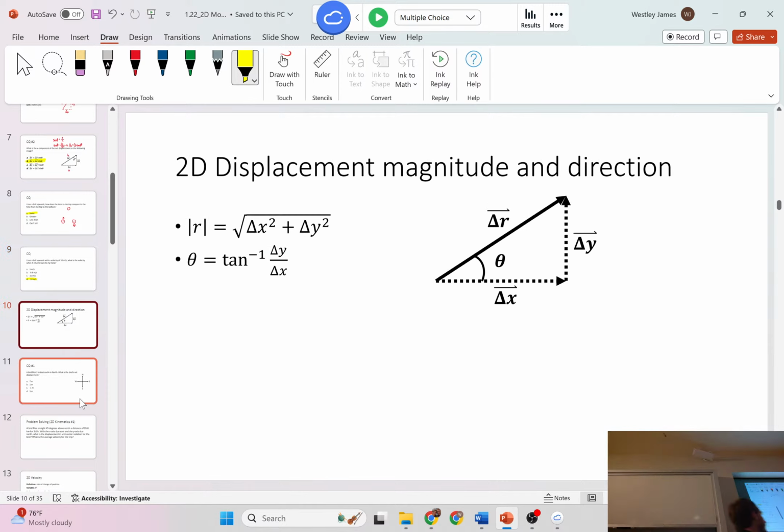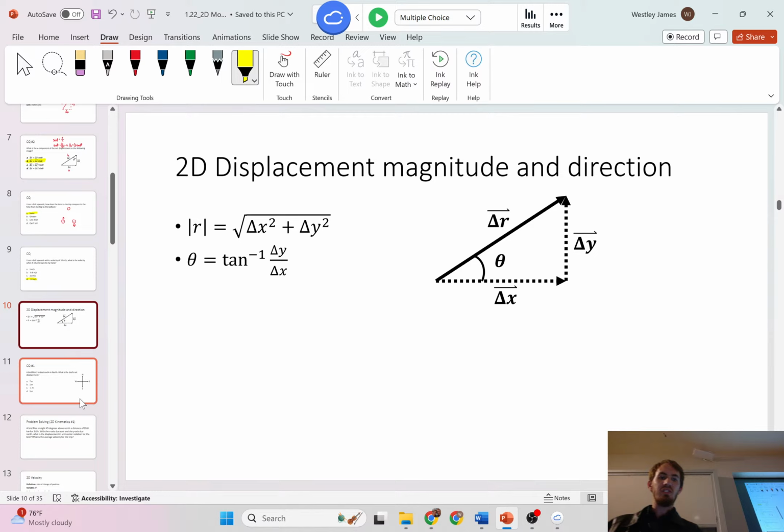At the very end of a problem, sure, if I say find the final displacement and you know the x component and you know the y component, that is the only time they come together. In our kinematics equations, they should never be in the same equation. I should never see gravity in the x direction. Okay? So again, this is just a recap of vectors. Nothing really too fancy here, so I'm going to kind of move on to the next thing.